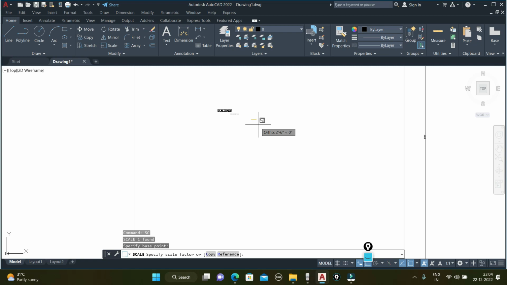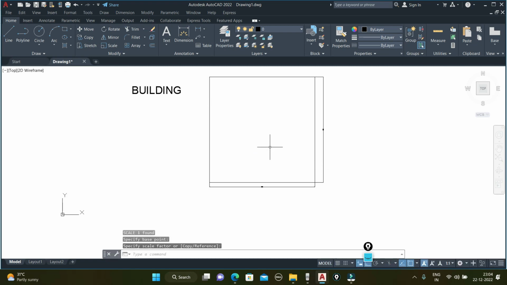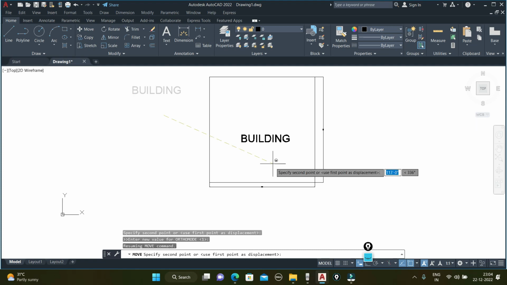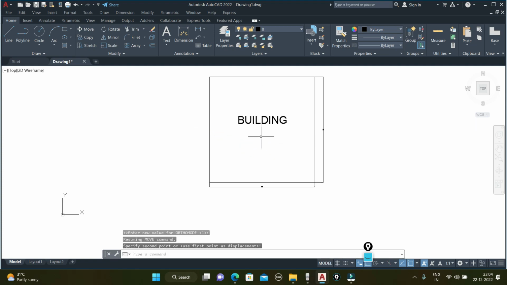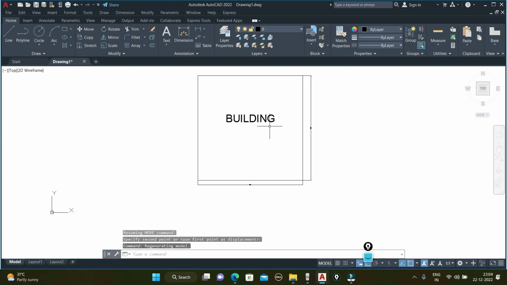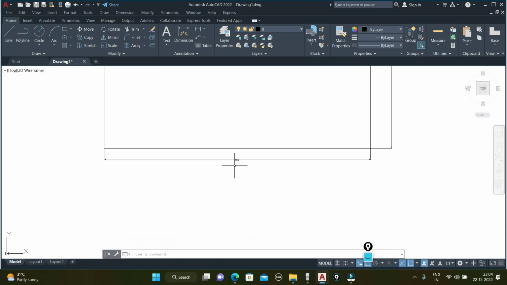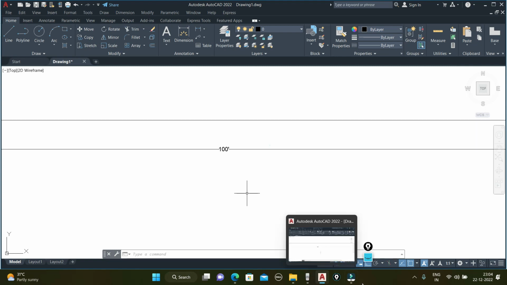I am not scaling the dimensions and the height, this is only for example. We have to design this building, whose area is 100 feet by 100 feet.